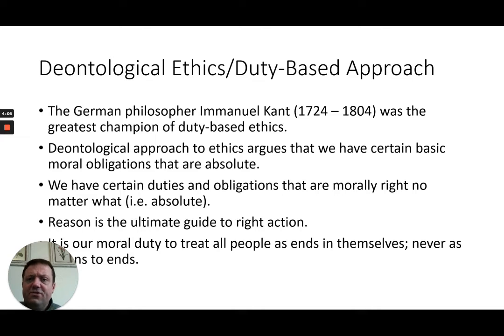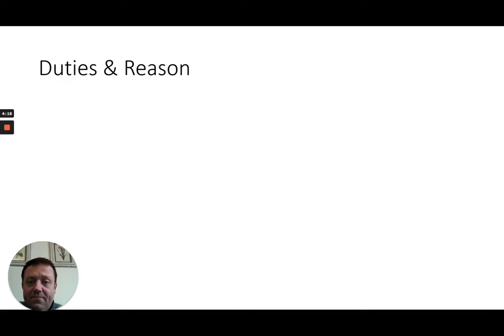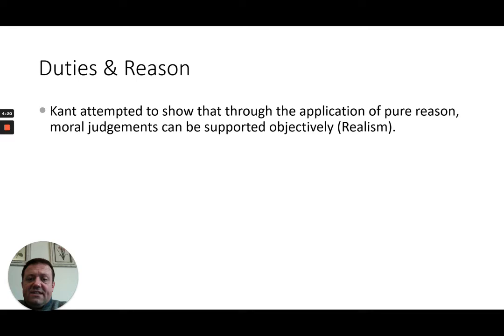The idea is that you treat people as full, autonomous, rational beings. And it is your duty to do so, and we'll find out why that is in a moment. So, as I say, Kant attempted to show that through the application of pure reason, devoid of any kind of emotion, moral judgments can be supported objectively, so we can come to know that they are definitely true.